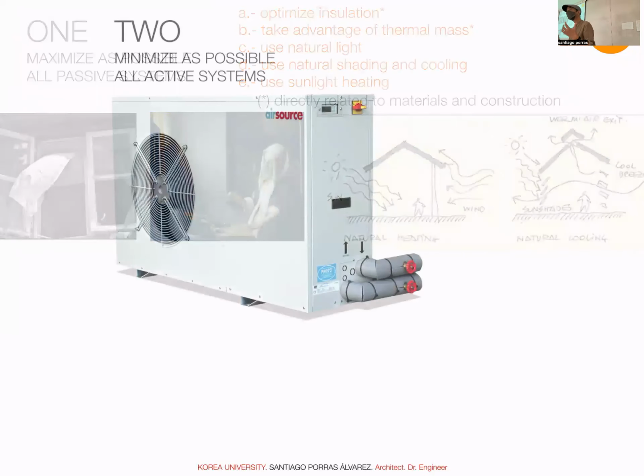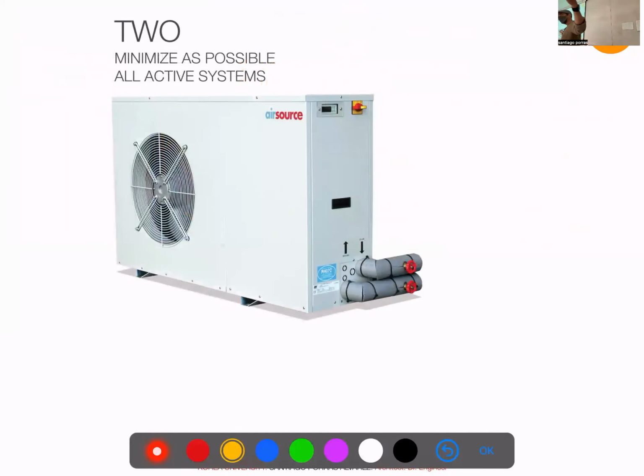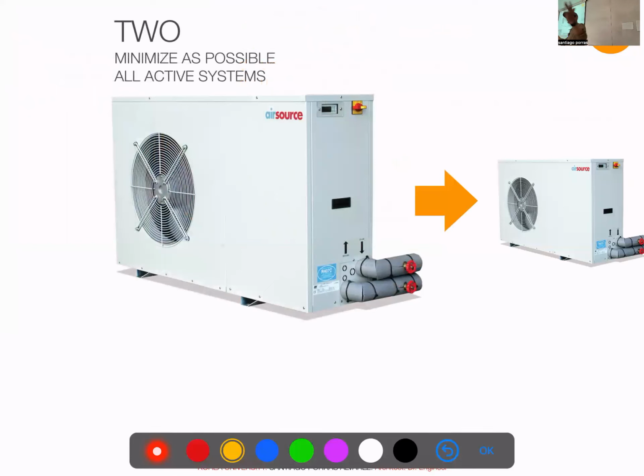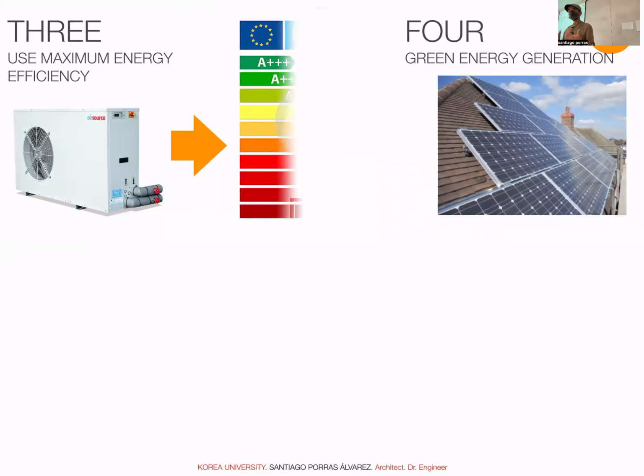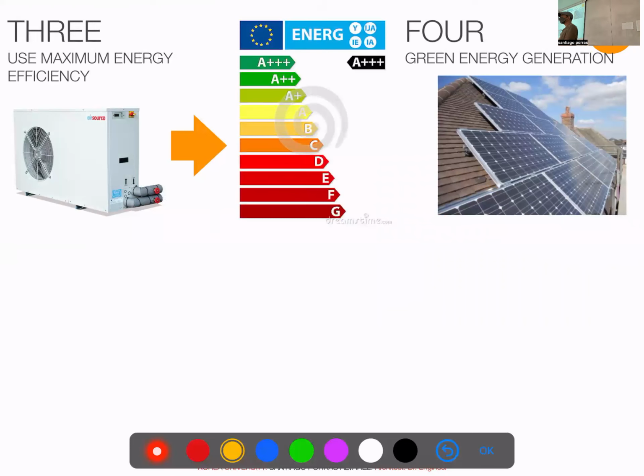Then, since passive design reduces your needs, you can make active systems much smaller, sometimes just 1/5 or 1/10 of the size, which is great because in that case, you can use more efficient elements. Since you need less, you can buy more expensive, more efficient machines.